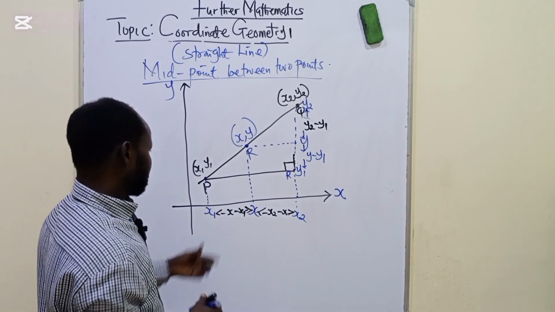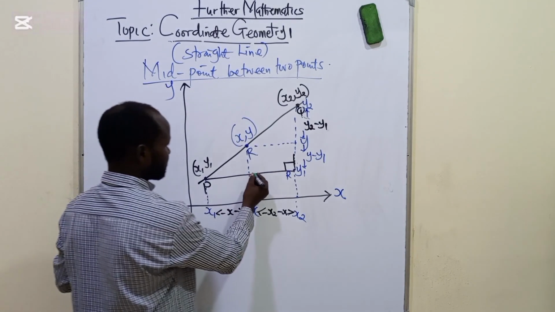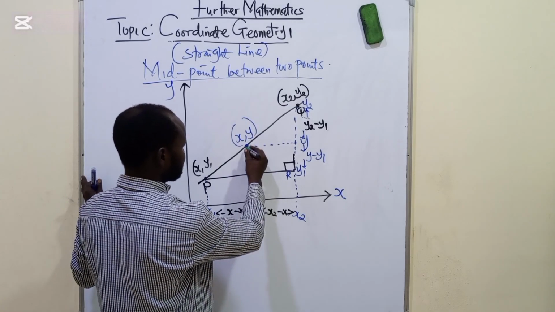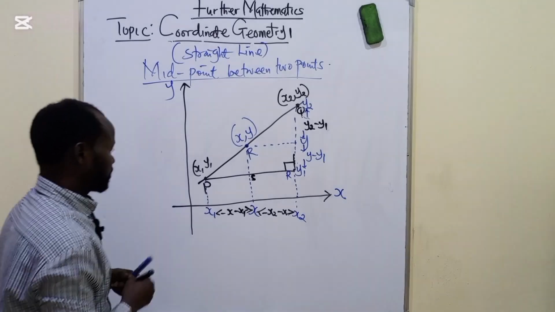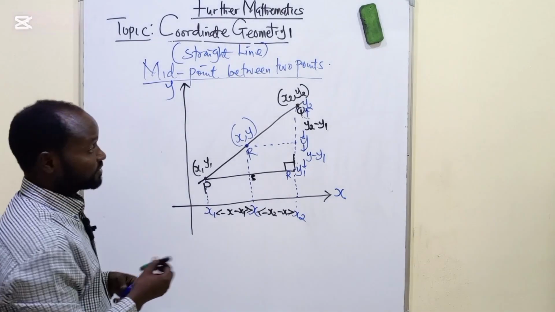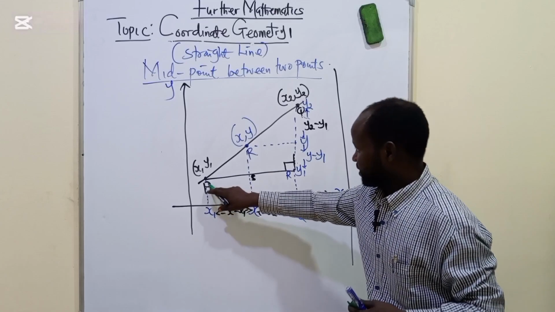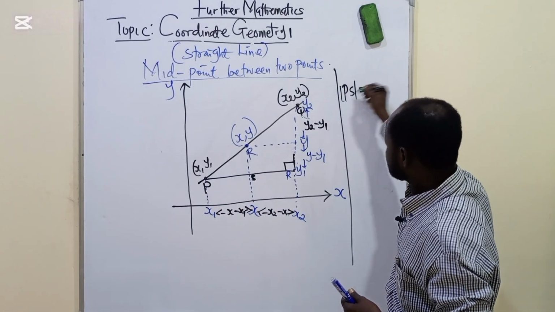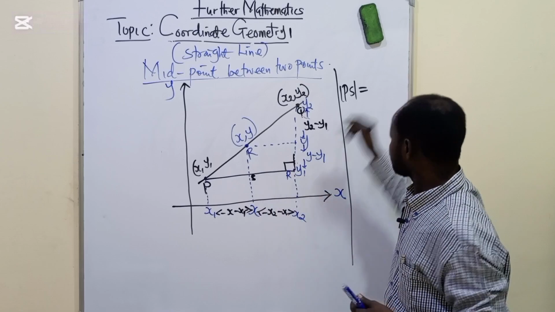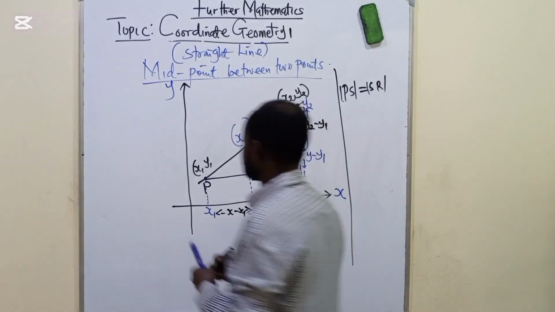It means we can equate these two. Let me say I have S here. Here is R, and then let's say I have S here. From here, we can see clearly that length PS is the same as length SR. Very important.